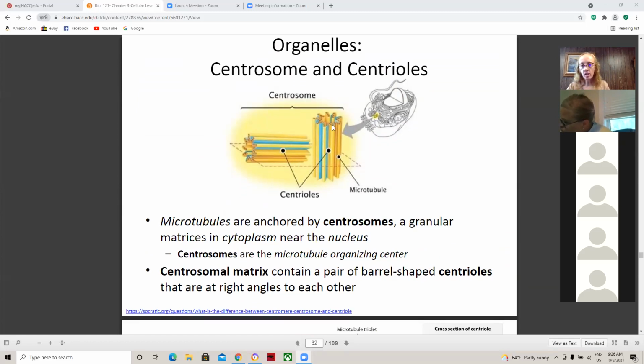So if you look here, there's 1, 2, 3, 4, 5, 6, 7, 8, 9, and each one of them is a triplet. So each centriole is made of 9 triplets of microtubules. And in a resting cell, these centrioles are found within the centrosome at right angles to one another.